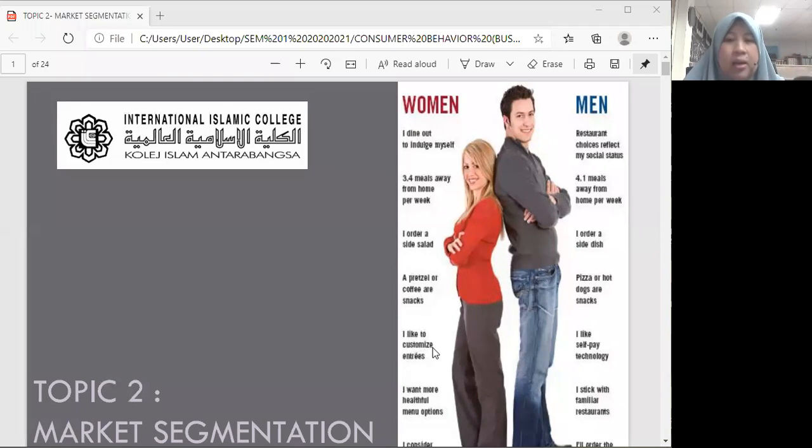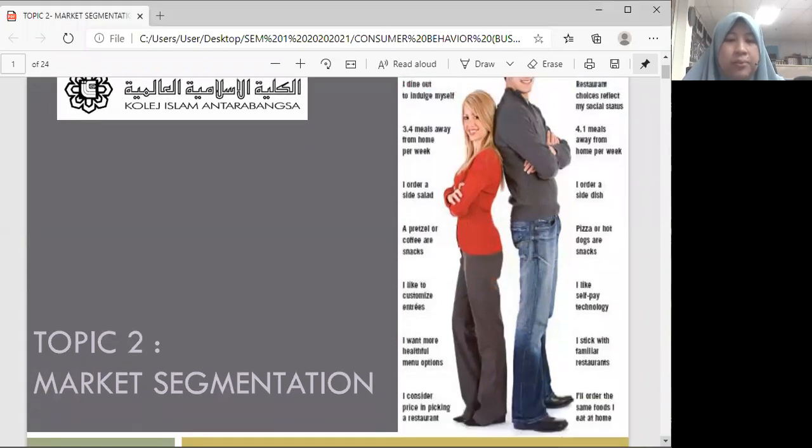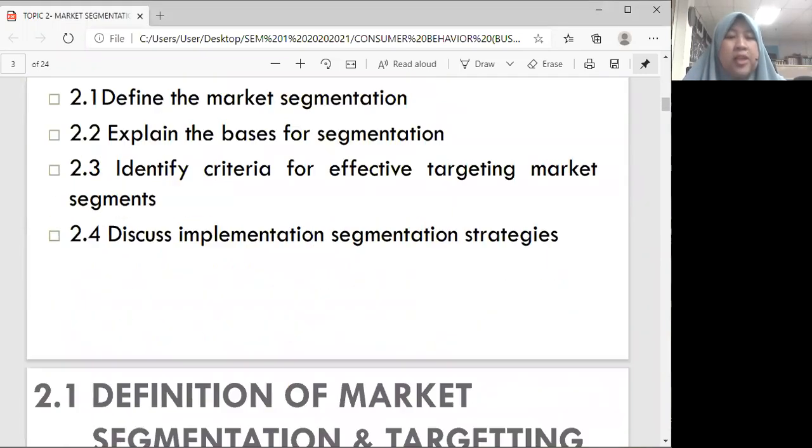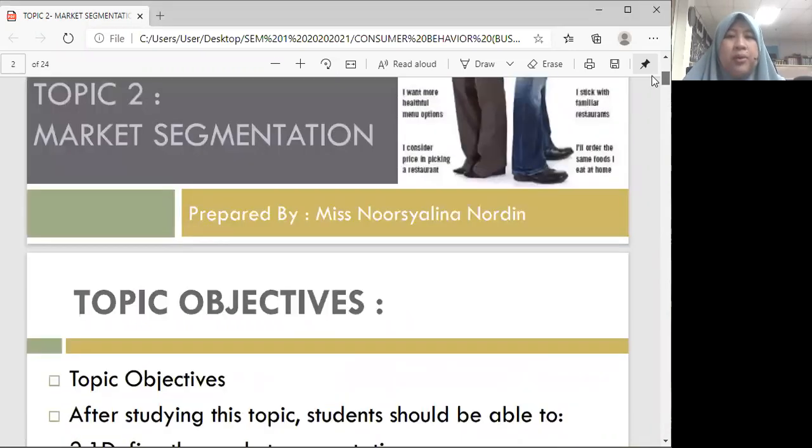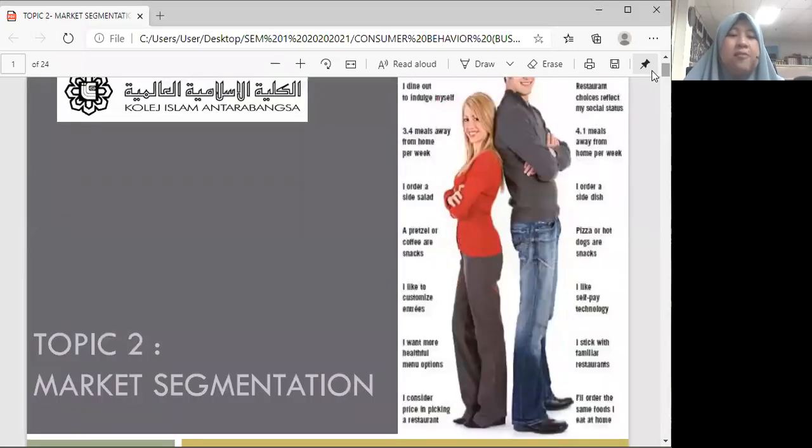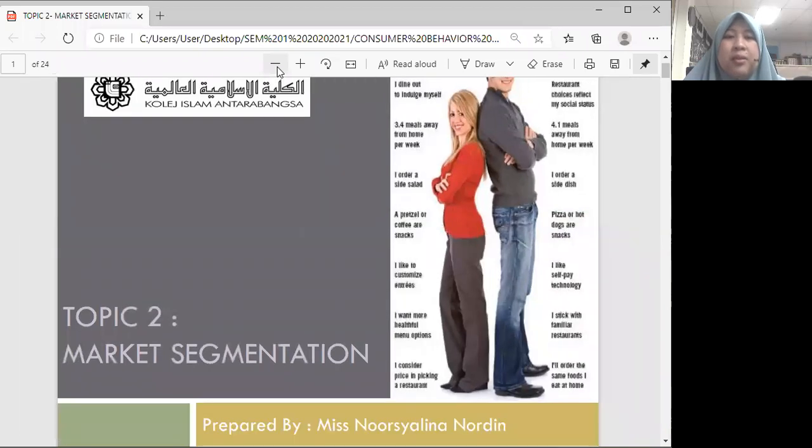As you can see here, market segmentation, topic objective. What is market segmentation? In simple words, market segmentation is defined as the process whereby you segment a certain market according to demographic variables. What is an example of a demographic variable?